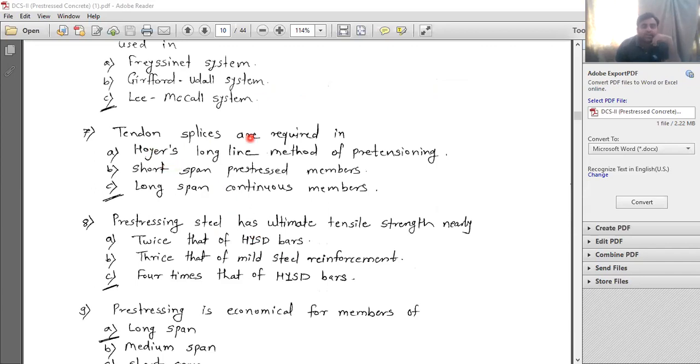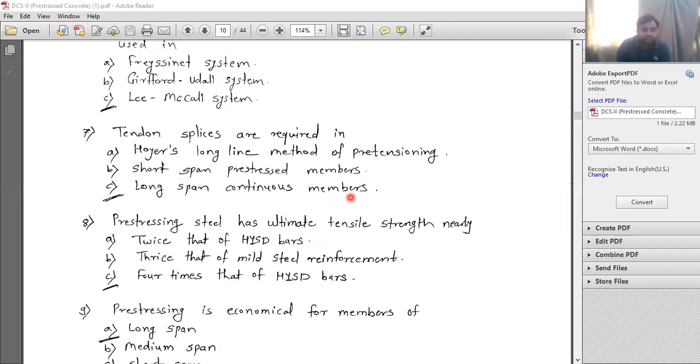Next is tendon splices are required in Hoyer's long line method, short span prestressing method, or long span continuous member. So tendon splices are required for long span continuous members. This is the answer.